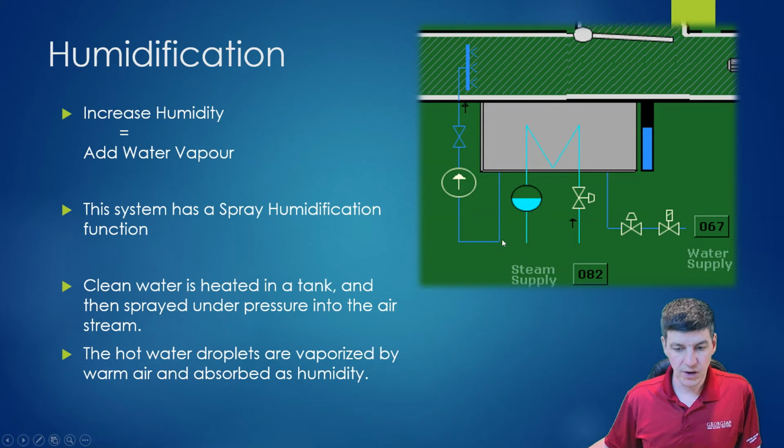So it's warm or hot water that's being sprayed in as opposed to cold water. So we also have a steam heater in order to warm up this tank. We spray this hopefully in a fine mist, and with lots of surface area, we should have lots of absorption of those droplets into the air and increase our humidity.